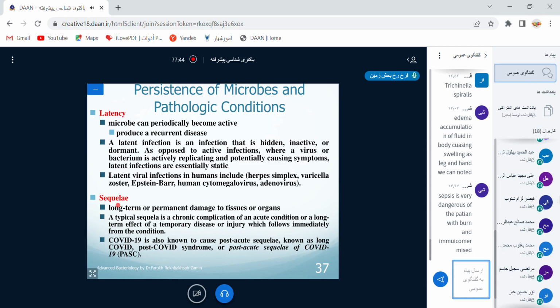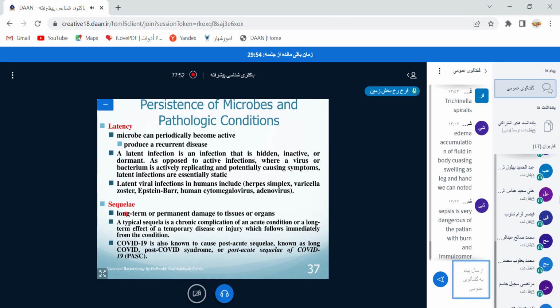When one pathogen is present in our body for a long time, it can damage our tissues and organs. A typical sequela is a chronic complication of an acute condition or long-term effect of temporary disease or injury which follows immediately from the condition.